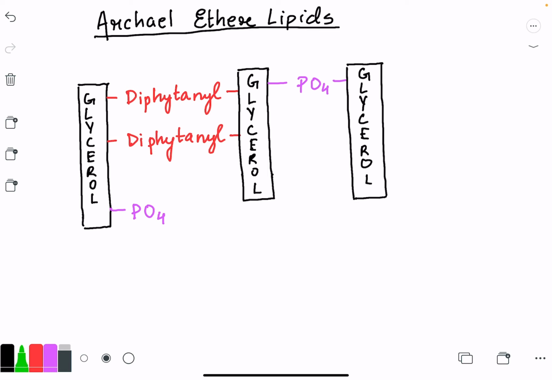Remember one thing, that the links between diphytanyl and glycerol molecule are ether linkages, and that is why the name archaeal ether lipids. So this is the end. Hope this video was useful.